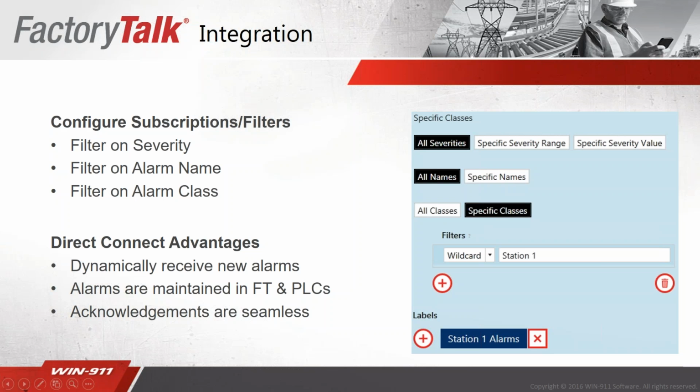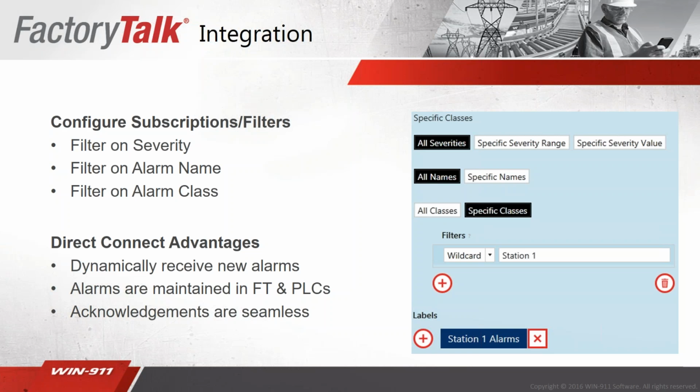And an alarm label is a way that you can group your alarms together within WIN-911. So every alarm that comes in on this filter or subscription is going to wear that label. Then I could create another filter, and let's filter on a class called Station 2, and then I can attach that label Station 2 to those alarms.